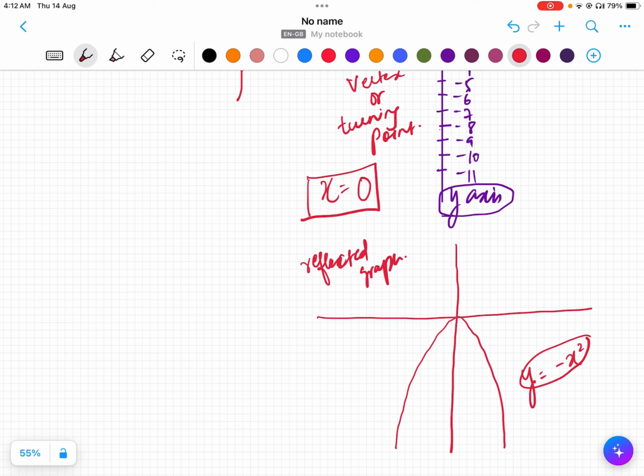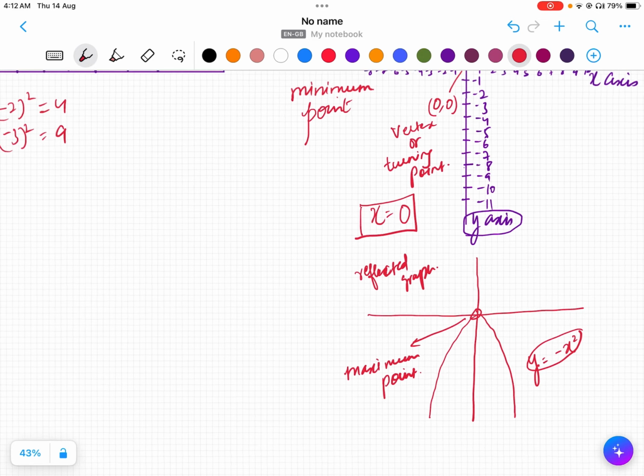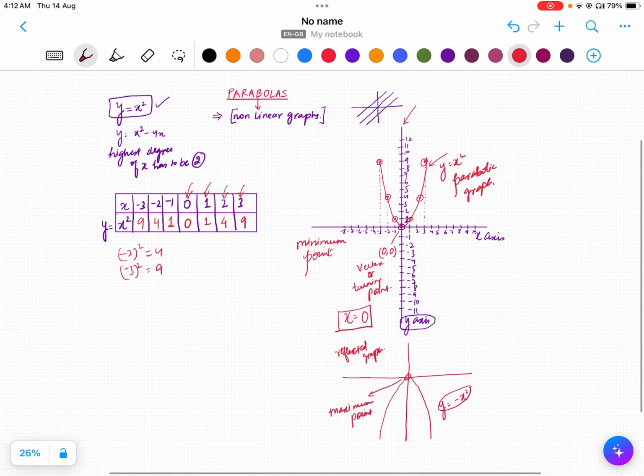It is still a parabola, but it's a reflected one, right? And everything remains same, just that this becomes a maximum point. That's it. Right. So this was the basics of parabolas.